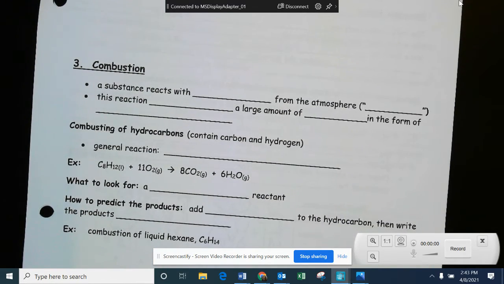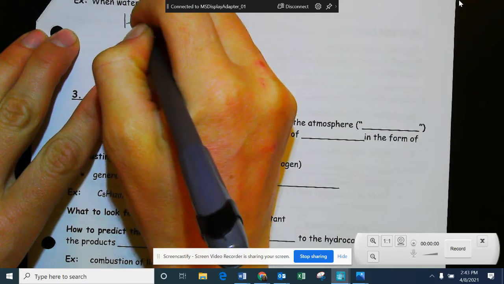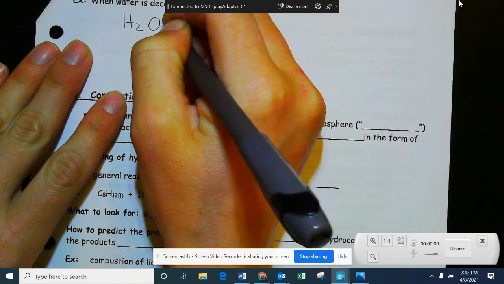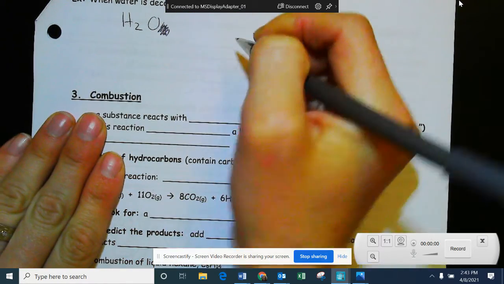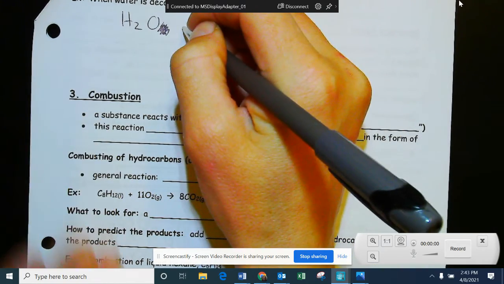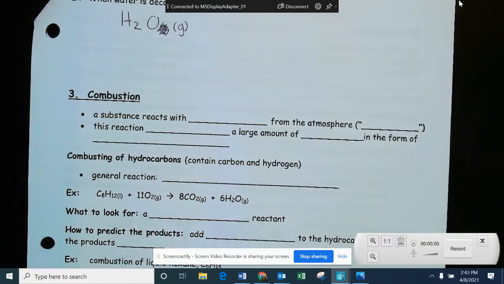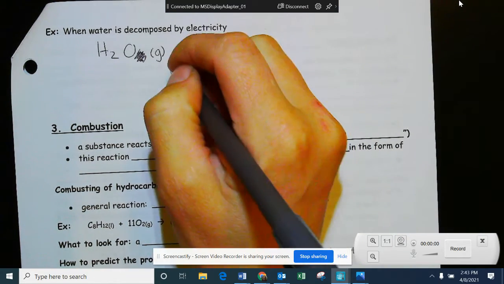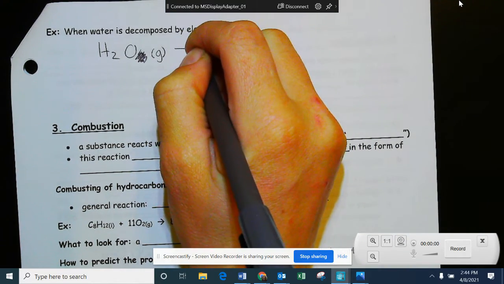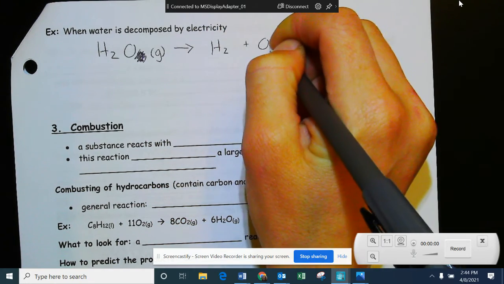Okay, water can be decomposed by electricity, so this is called electrolysis. So H2O2, whoops, nope, that's not what water is. H2O, when it's in a gas form, so we put this into a gas form, and then we put electricity through it, and what we get is hydrogen and oxygen gas.